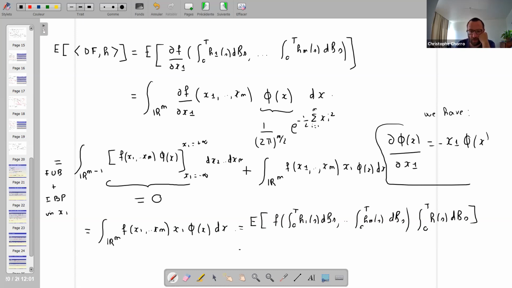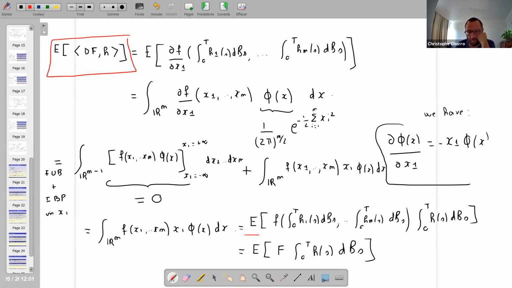So I have this one. And at the end, what I obtain is the expectation of f of these Wiener integrals, that is capital F, multiplied by the integral between 0 and capital T of h of s dBs. This equality is exactly the result I want to obtain.